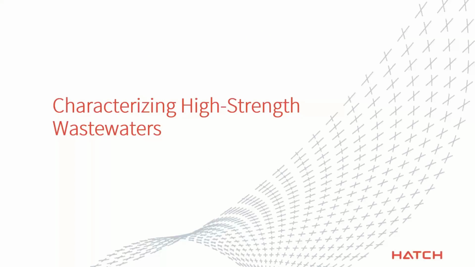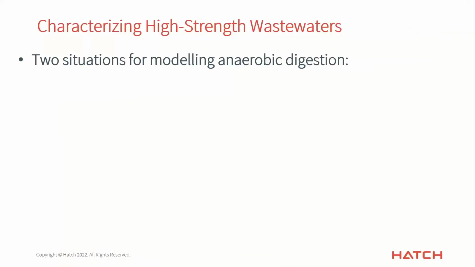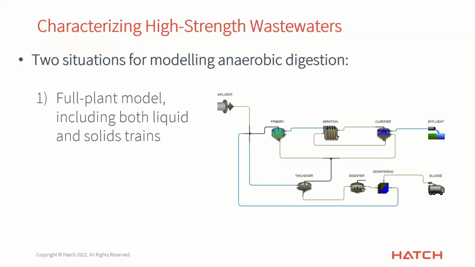Okay, the first one: characterizing high-strength wastewaters. There are two potential situations you could run into when setting up your model. The first is that you have a full plant model, meaning you have both the liquid train and the biosolids train together in the same layout. What's going into your digester is not something you set directly yourself.